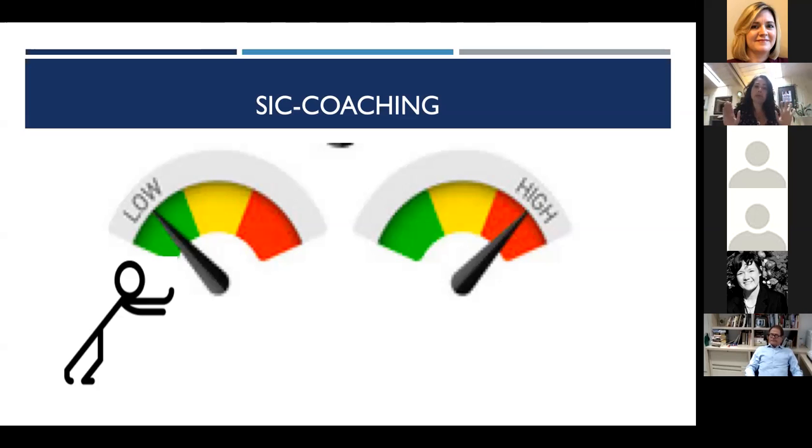Could we actually push this low implementation fidelity that we see as measured by the SIG, could we push it to getting high fidelity and ergo increase those rates of getting folks past pre-implementation and then on to basically providing services and providing them well in the communities that most need them.